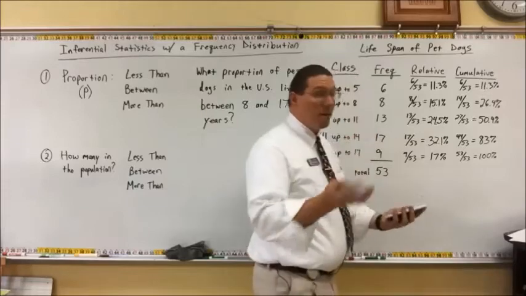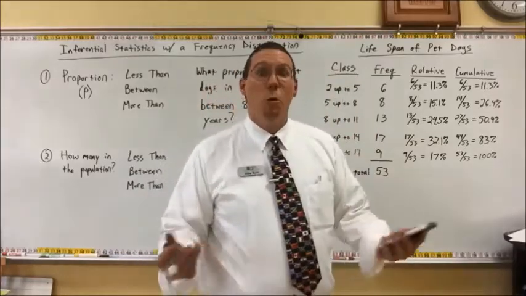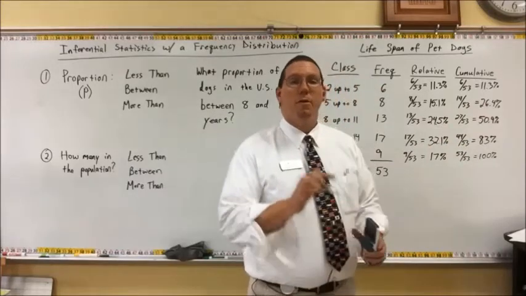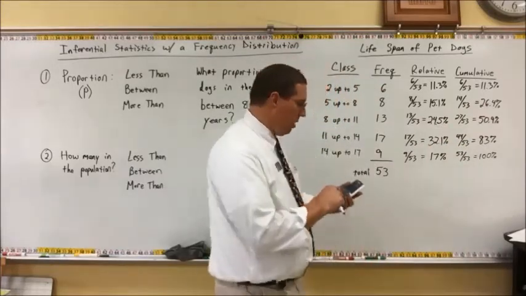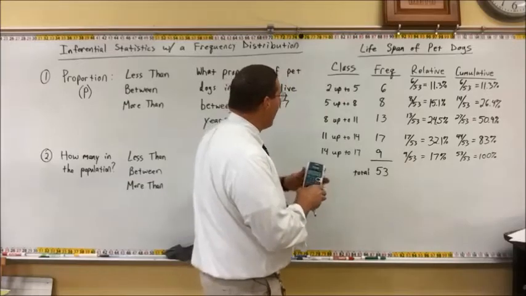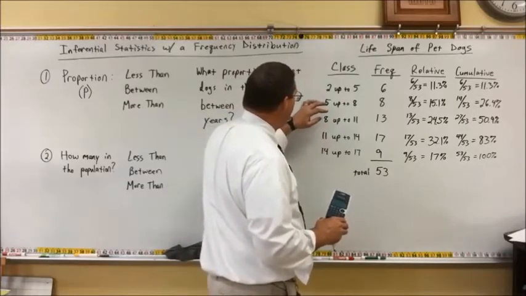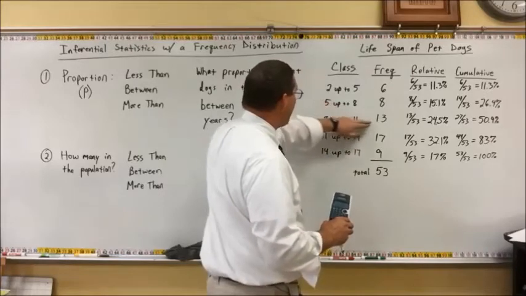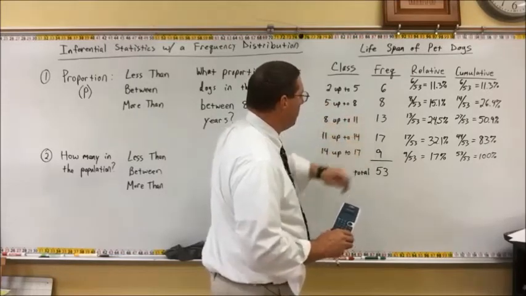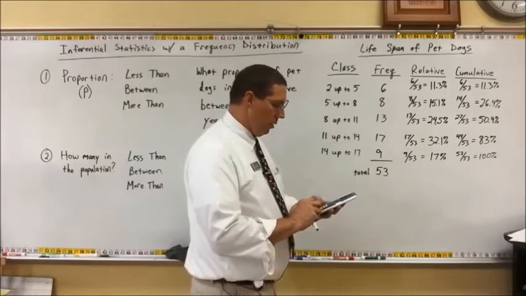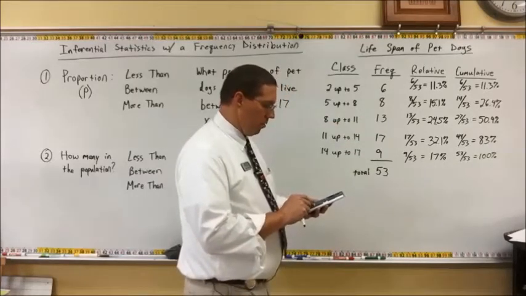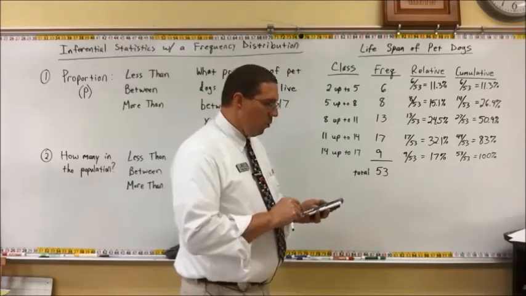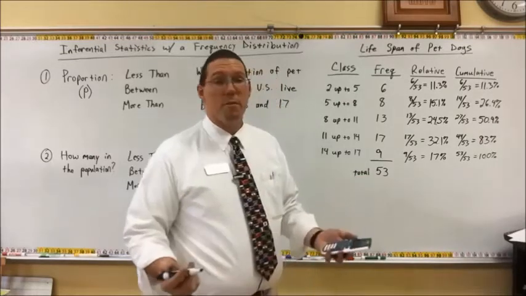If I add them up, I get 73.6%, which is exactly what I said before when I did 100 minus 26.4. There is a third way to do the exact same thing. You can add up all your frequencies, 13 plus 17 plus 9, and then divide that by 53, which gives you 73.6%.